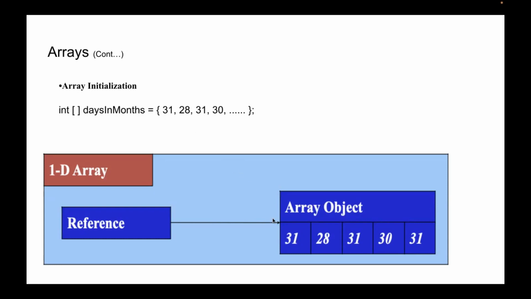So 31 is at index 0, 28 is at index 1, 31 again at index 2, and so on. So this is how arrays are. An array object is basically storing the values at continuous memory locations. Let's move forward.